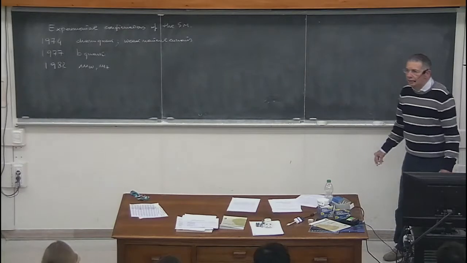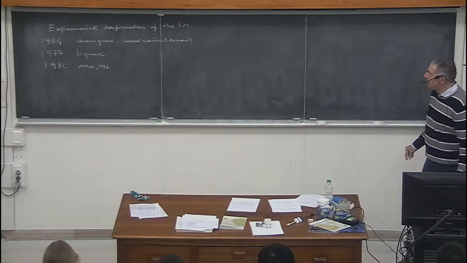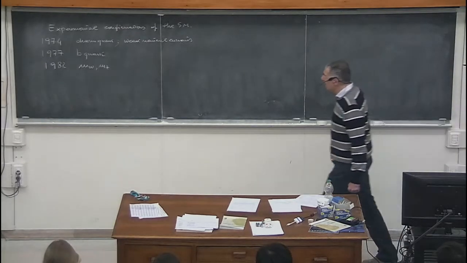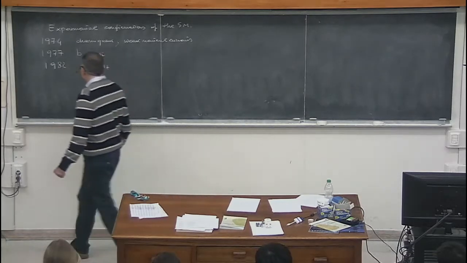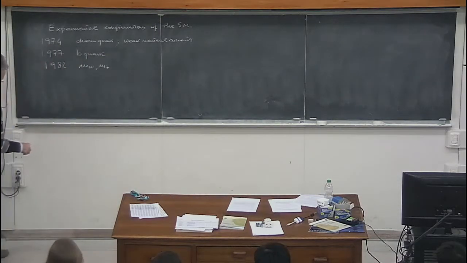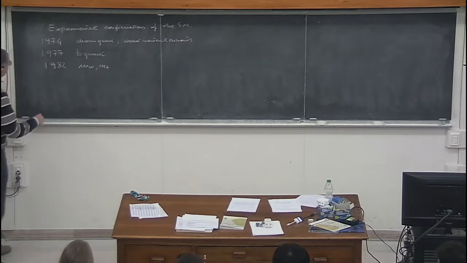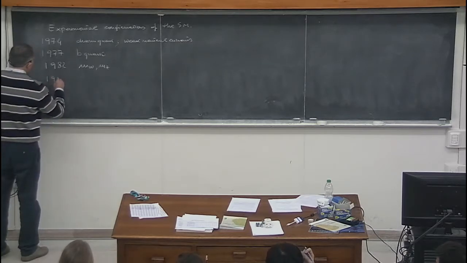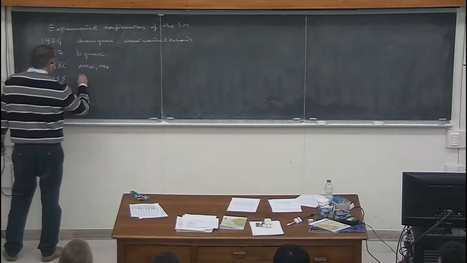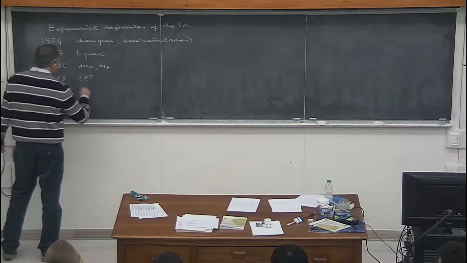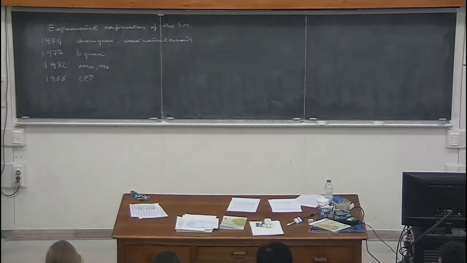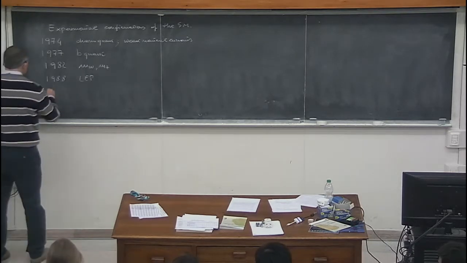In the meantime, in 1988, the LEP machine started its operation, and this is important for many reasons. I will say something about that. But in 94, 95, the top quark was discovered.